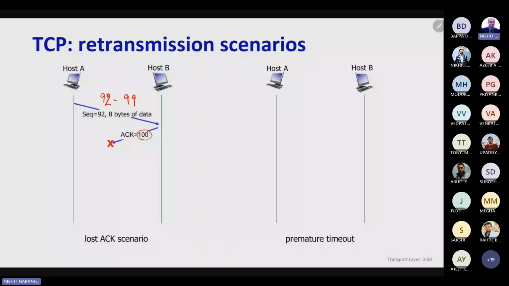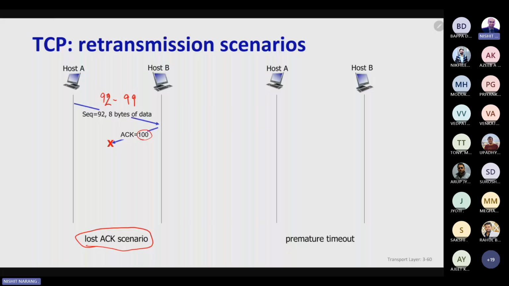Now, in this scenario, we are assuming the acknowledgement got lost. The data was successfully received by host B, but the acknowledgement got lost on the way back. Is there any way for host A to know that the data was received by B? No. Even if the acknowledgement is lost, host A can never be sure.